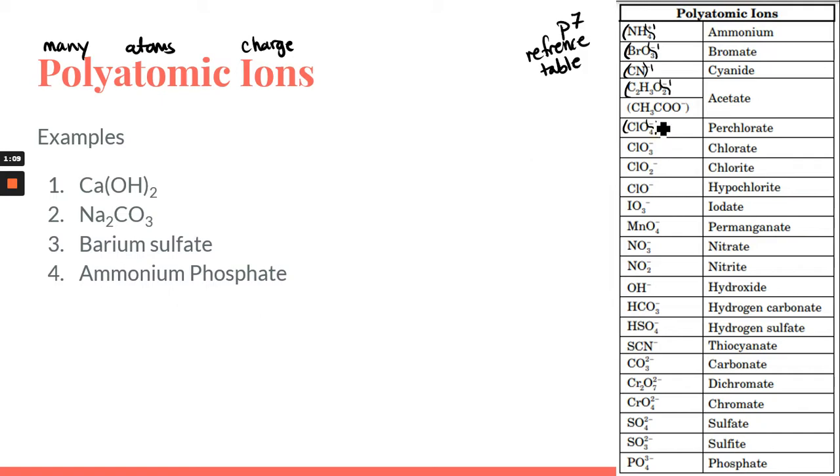Perchlorate, ClO4 minus 1. Chlorate, ClO3 minus 1. Chlorite, ClO2 minus 1. And hypochlorite, ClO minus 1. So notice all 4 of those are all chlor-something, so you have to make sure that you're matching the correct word to the correct formula.